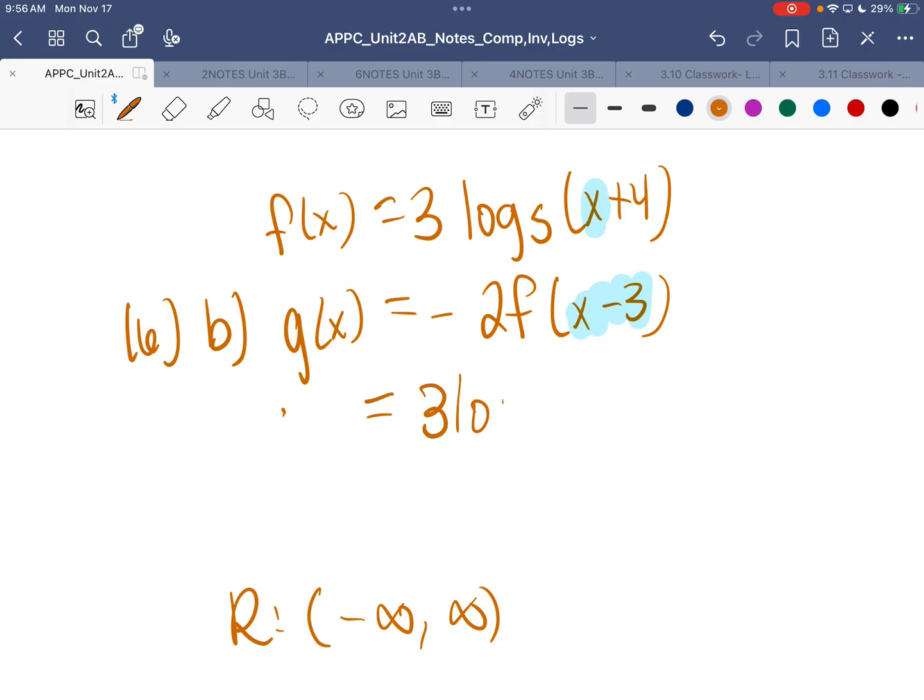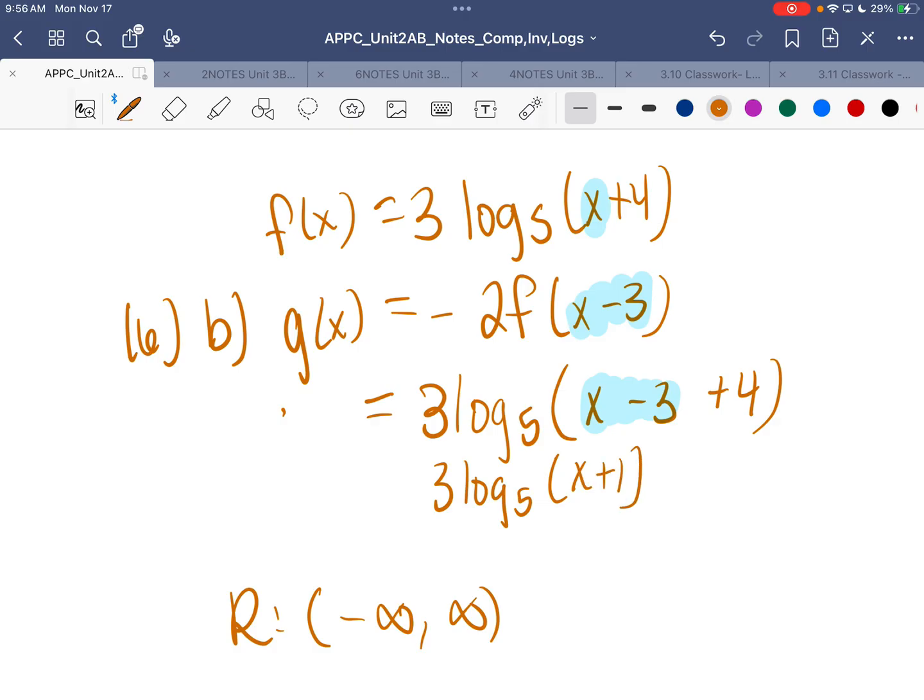It's really 3 log base 5, x minus 3 plus 4. It's shifting it to the right 3. So what's actually being logged? X plus 1. And then do the domain for that log. The domain for x plus 1 would be take that part, make it greater than 0, solve for x. I don't want to do the whole problem for you, but you're basically there.